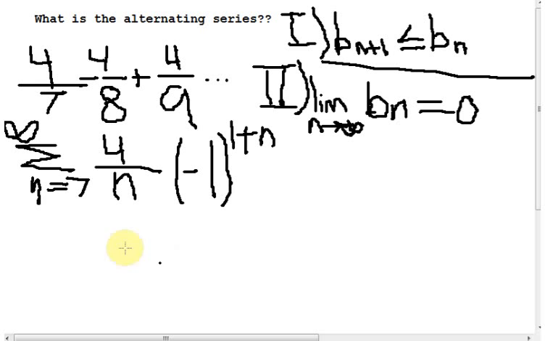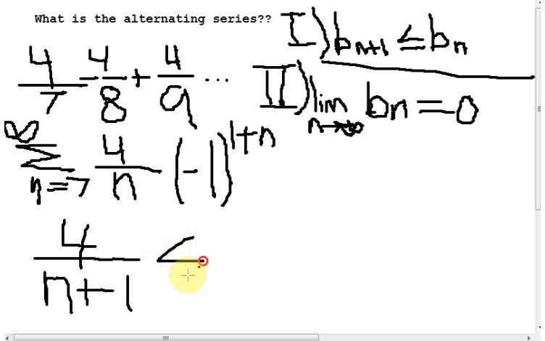So that would be 4 over n+1 less than or equal to bn, which is 4 over n.